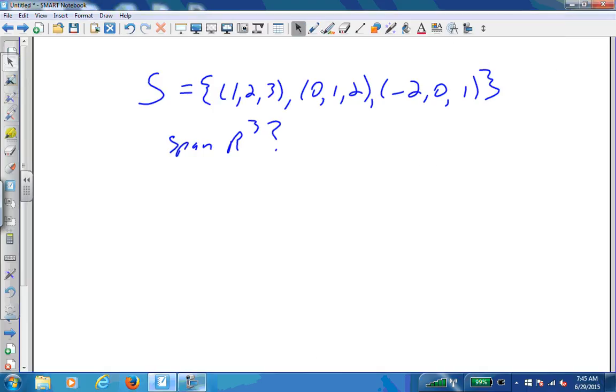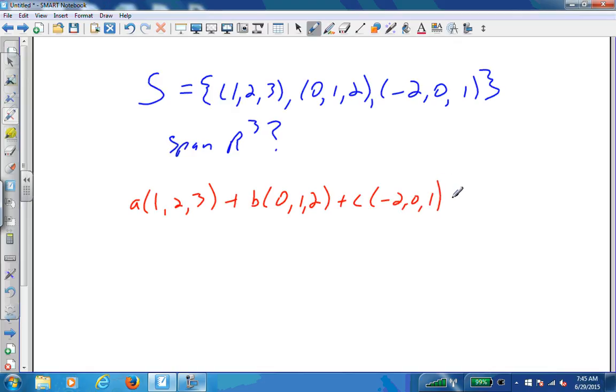So we want to see, can we take something times the first vector plus something times the second vector plus something times the third vector and get any possible vector in R3.